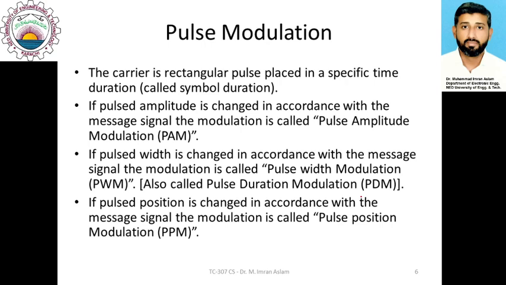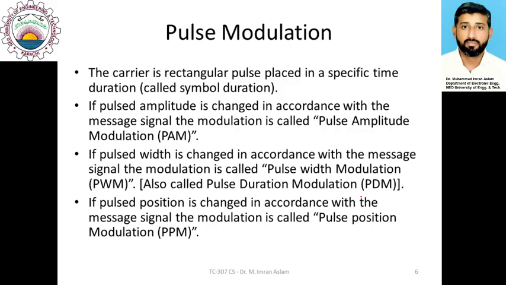Similar situation is for the pulse modulation. For pulse modulation, again, the information is represented in the carrier by changing one of the parameters of the carrier. So we need to change at least one parameter so that our information is represented by that particular type of change.